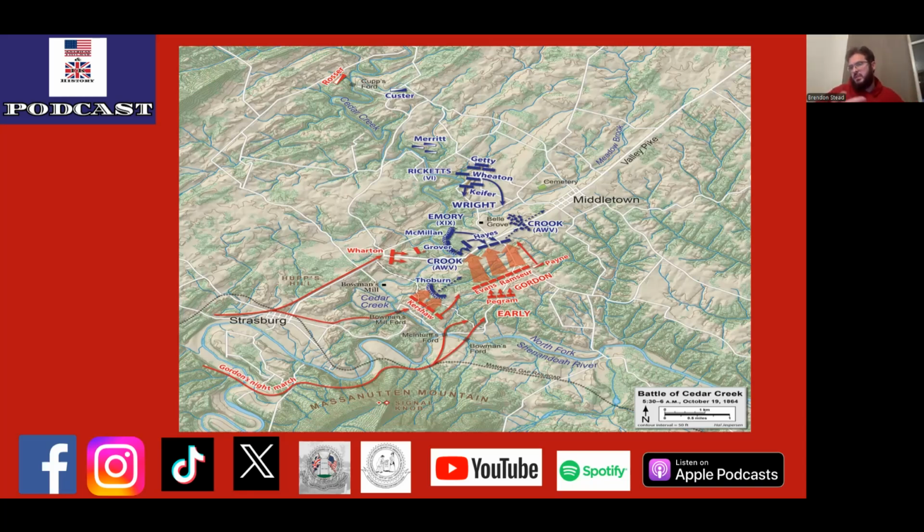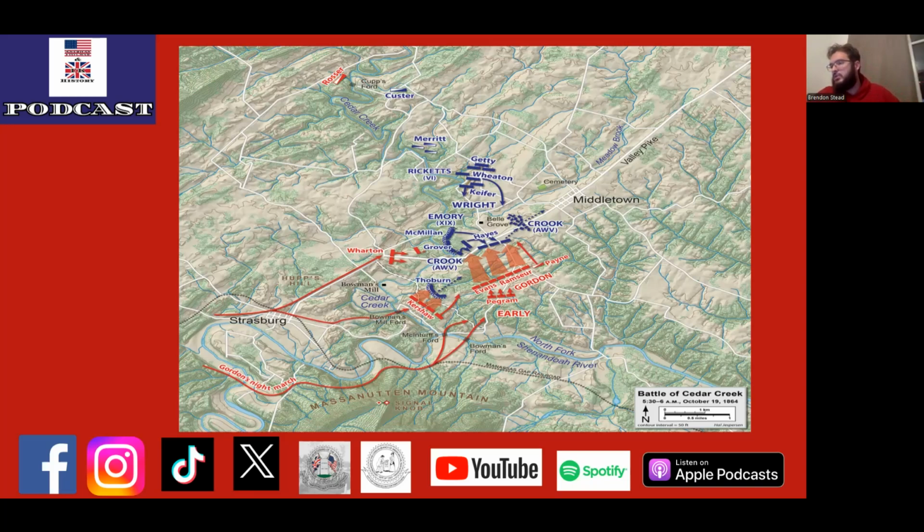He learns about the attack on Thoburn's division before his own division is attacked by another brigade from Gordon's column. As you can see, Evans is on the Confederate left, and Ramseur's division is on the right, with Payne's cavalry protecting the infantry from being attacked.